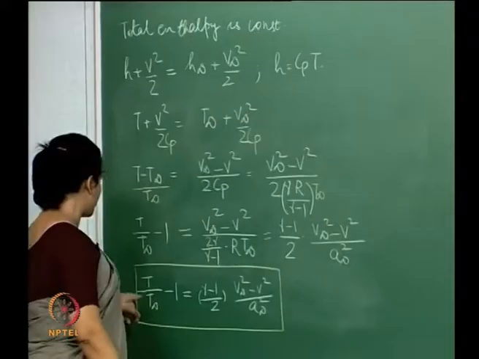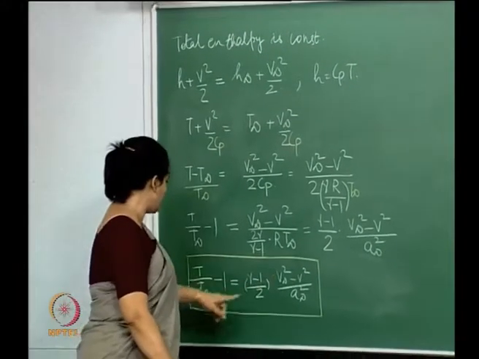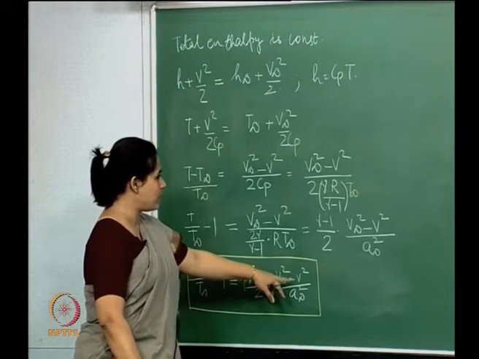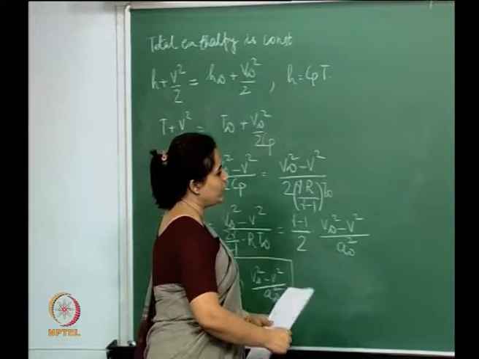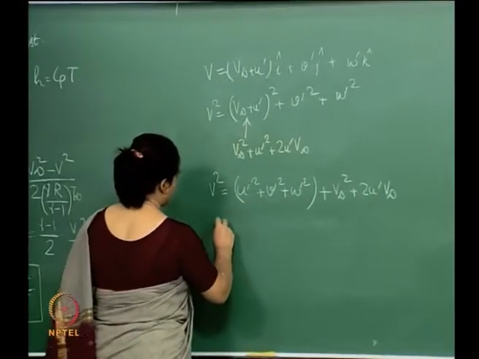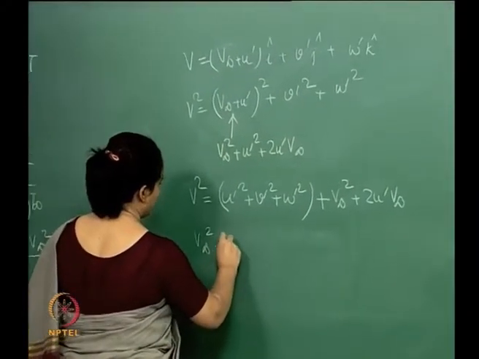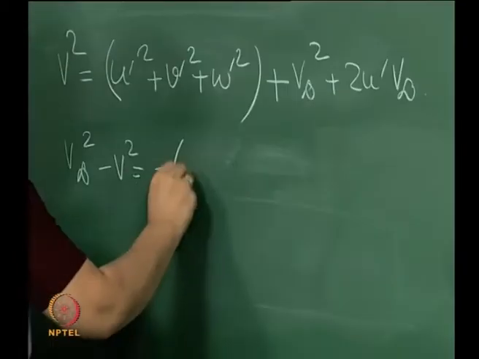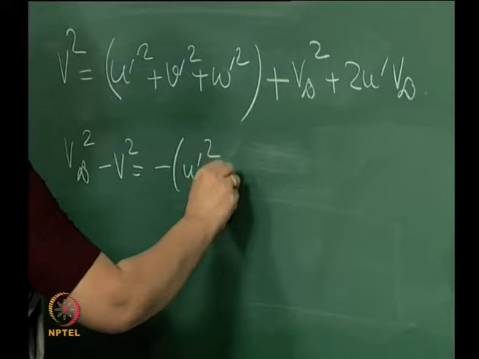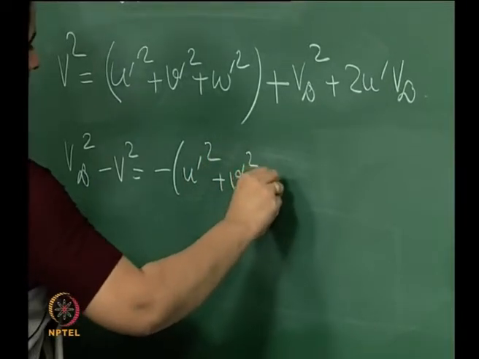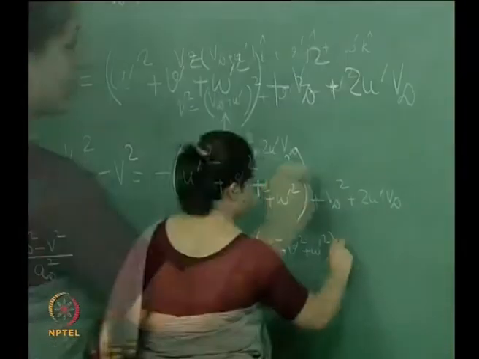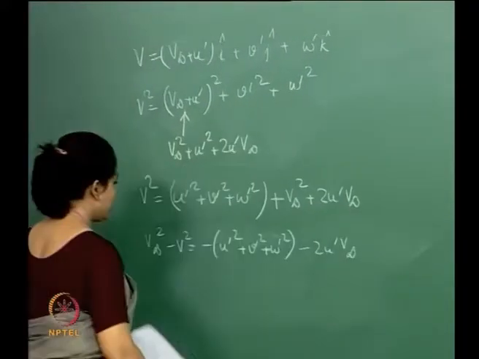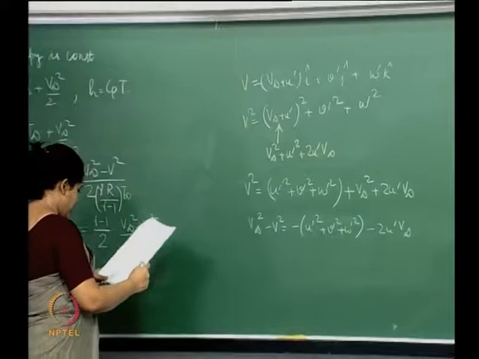Now what we have over here in this particular expression is V infinity square minus V square. So V infinity square minus V square then becomes this. This is what we get.